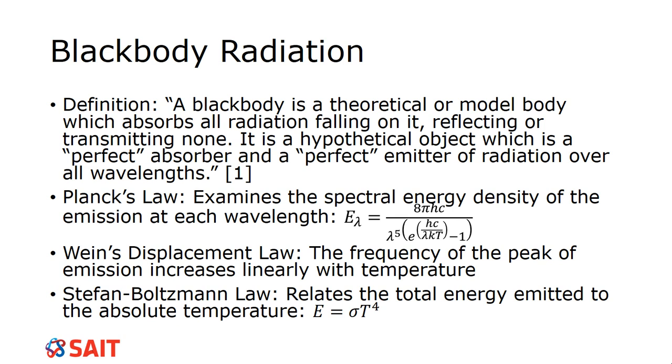And again, you just need to know the definition and being able to describe these in different ways. Stefan Boltzmann's law relates the total energy emitted to the absolute temperature. So you can see here that we have the energy and we have the temperature. This is the absolute temperature, and we have a constant that we include in there.